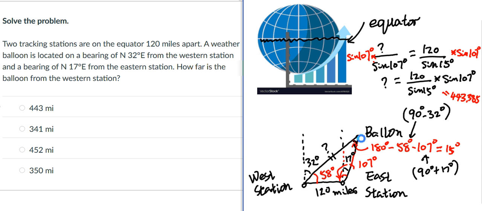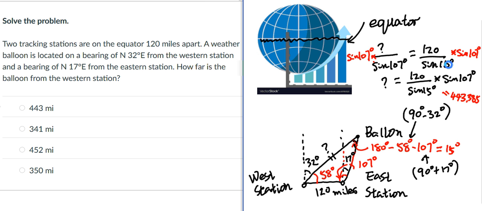So then we can find the length of this side and the length of this side by the law of sines. The law of sines says this side I marked by the double line or question mark, over the sine of this angle, which is 107, equals this opposite side, 120, over the sine of this angle, 15 degrees.